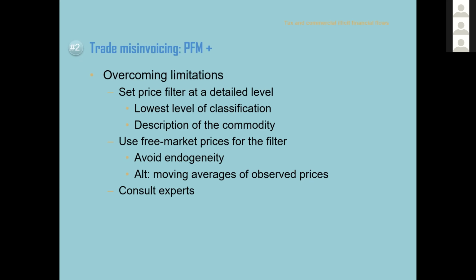The first one is to set price filters at a detailed level. Ideally, we would be identifying price filters at the most detailed HS code level where available. This would essentially identify the market better, and therefore we will be able to identify the abnormal prices more efficiently. However, we have mentioned that even at the lowest level of product classification, those products can exhibit differing quality levels.